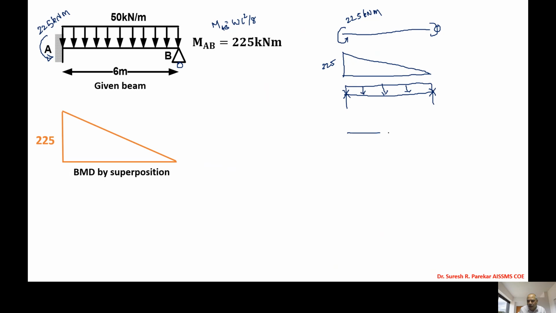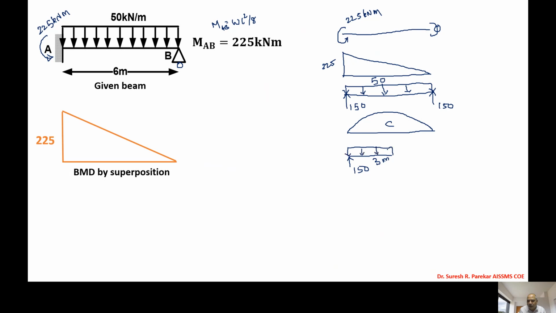And then we will plot this diagram. This is on the compression side, because this is 50, and 50 into 3 we will get as 150, because 50 into 6 half goes on both sides. And then if we plot at the center, we will get 150 into 3. This is 3 meters, and we have this as UDL.